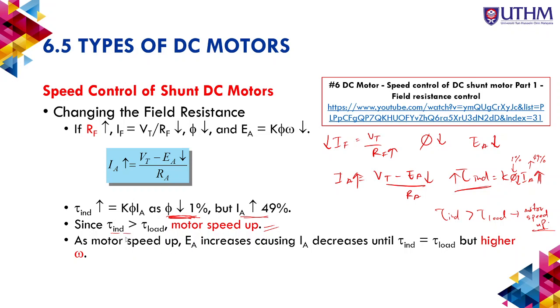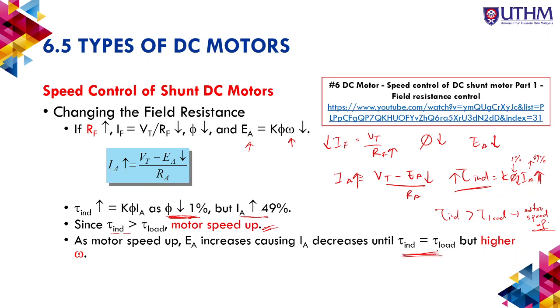Since the motor will speed up, you need to see over here again. When the motor speed increases, EA will be increased. When EA increases, IF will be increased, until they reach this level.